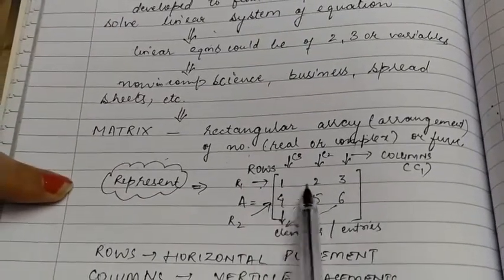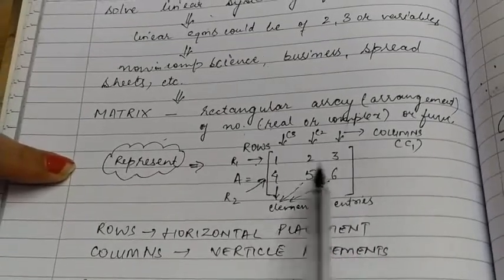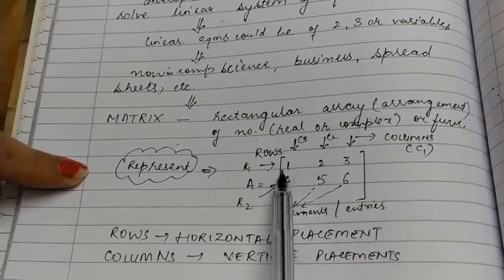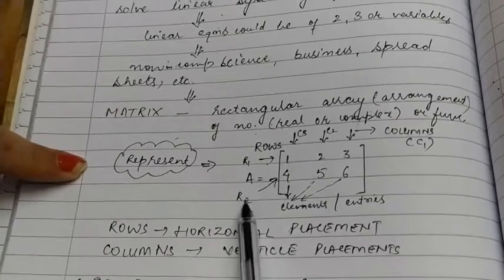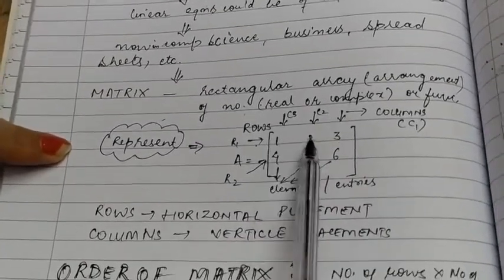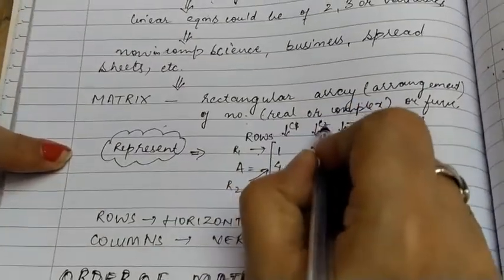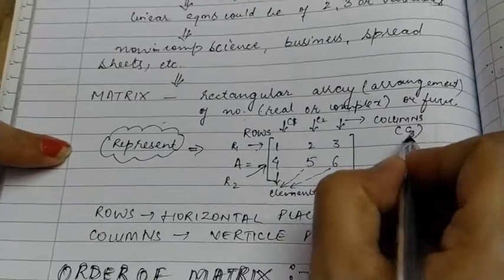These are called rows. Here I am writing R1 and R2, and these are the columns, C1, C2, C3. This is my column 1, column 2, and this one is my column 3.